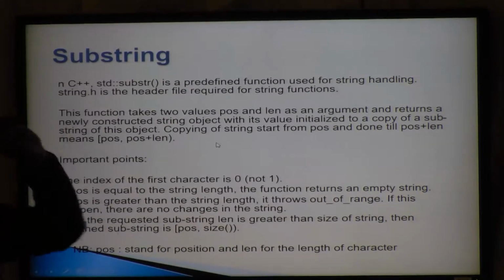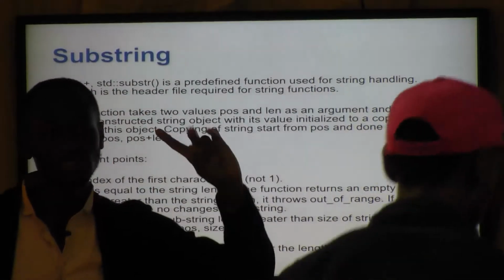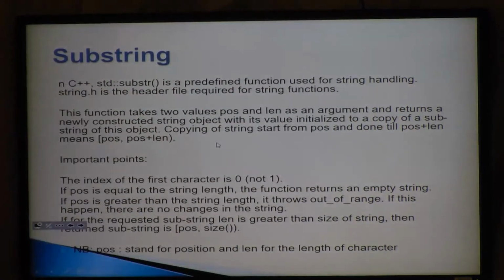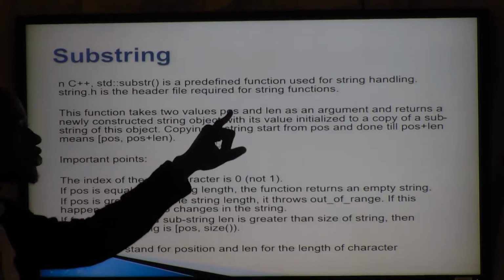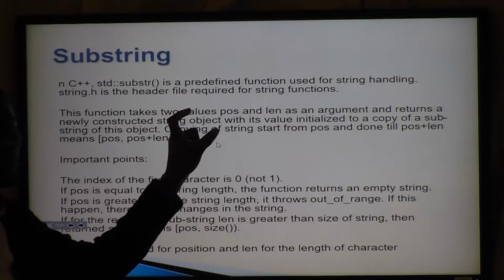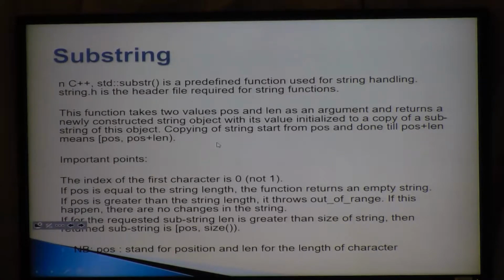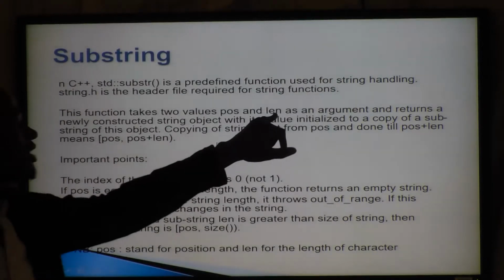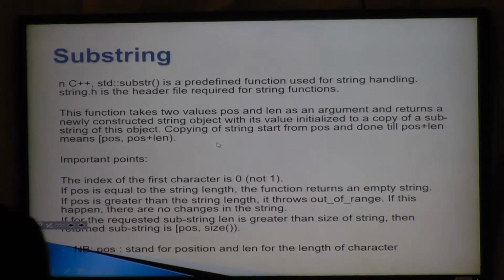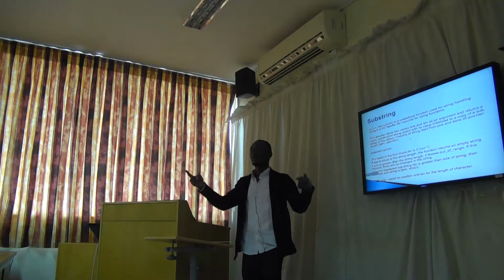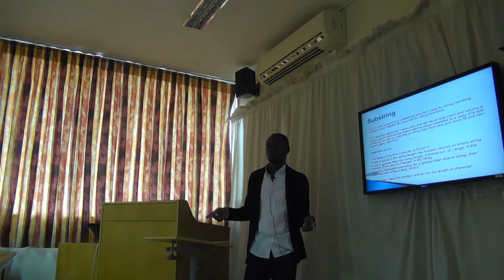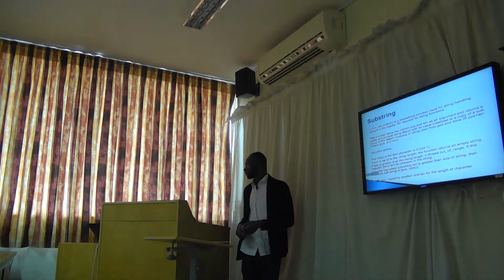The substring has two parameters, the pos and the length. The pos is just an abbreviation of position, right? And this one, length, simply means the number of characters that you want to print out, right?